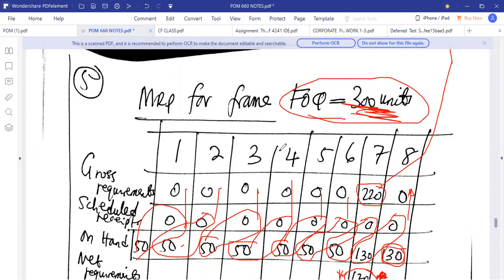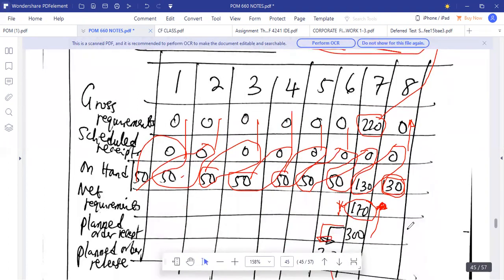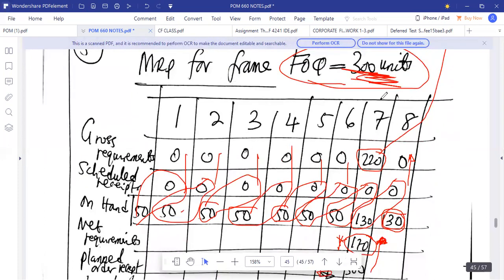So for the frame, we have weeks 1, 2, 3, 4, 5, 6, 7, 8. The gross requirements are 0, 0, 0, 220, for example. Then when you have a shortage of 170, you don't order the shortage, but with a fixed order quantity, the company policy may say we should be ordering 300 units, or 400 units, regardless of the shortage.